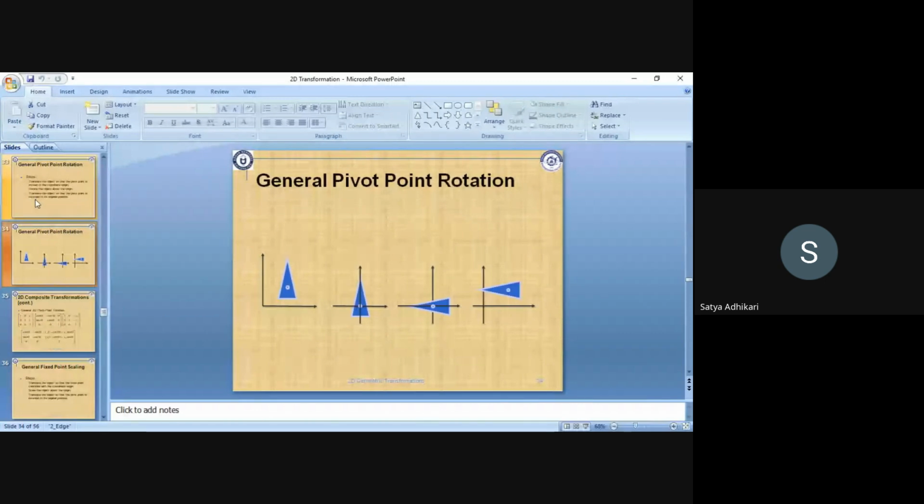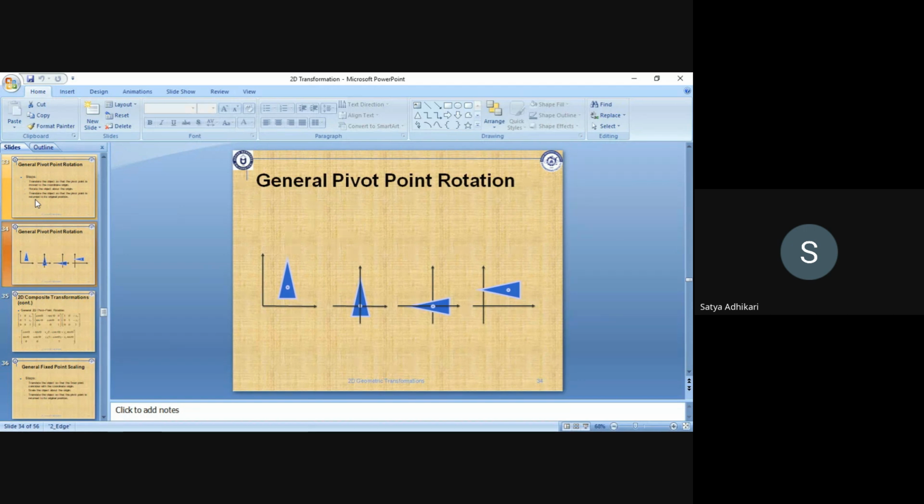Okay. So if we apply the rotation matrix directly, it will be wrong. Why? It will be with respect to the origin and all the size will change. So we have to follow these 3 steps we have discussed. First, we have to translate, to change the position of the pivot point to the origin. How? Translation. We know that translation is used to change the location. You see the second one.